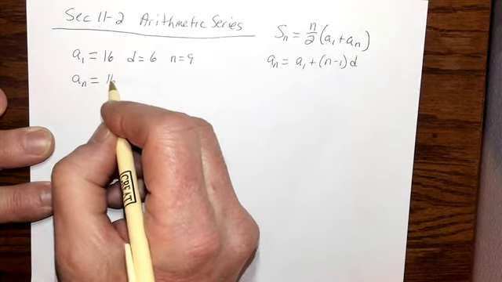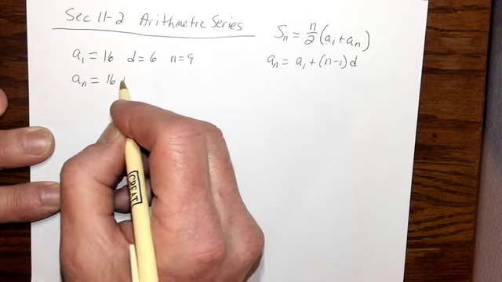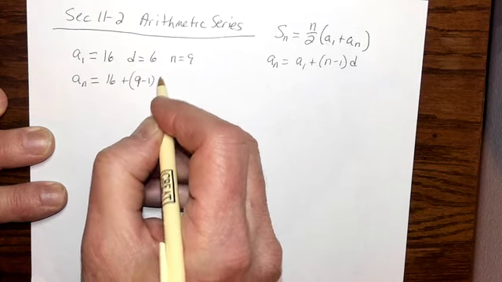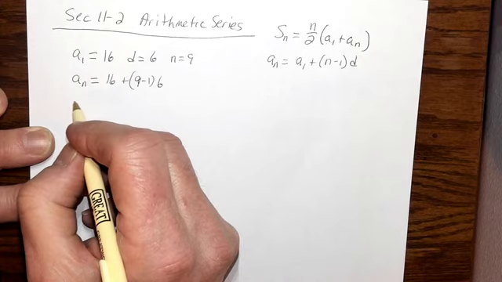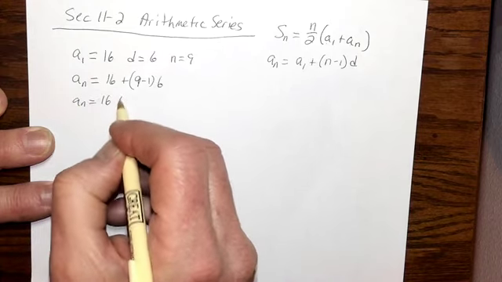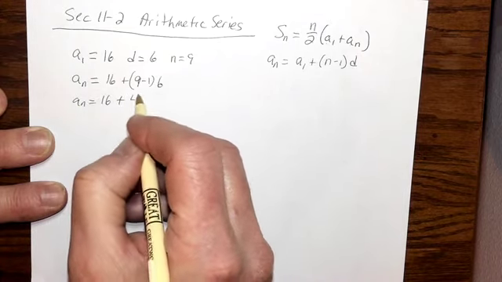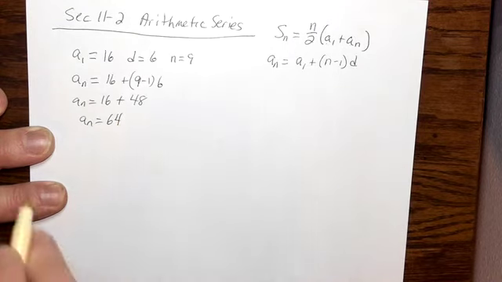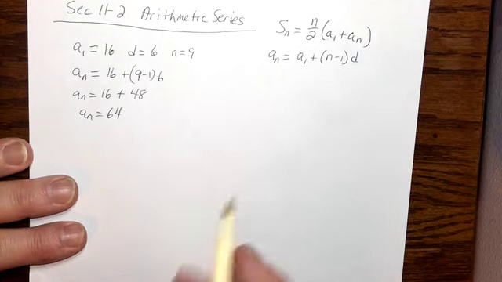It's going to be a sub 1, plus 9 minus 1 times 6. If I work that out, I get 16 plus 8 times 6, which is 48. A sub n equals 64. That's the last term in that sequence.